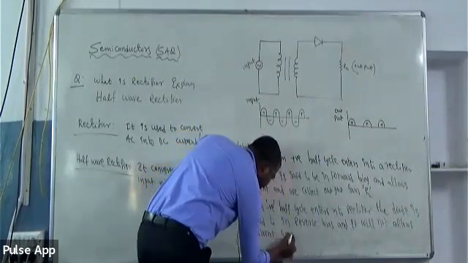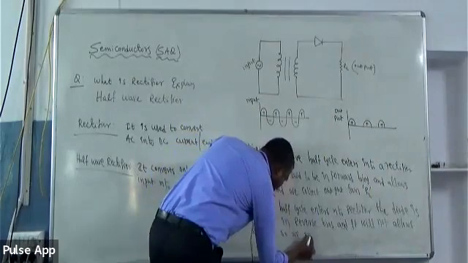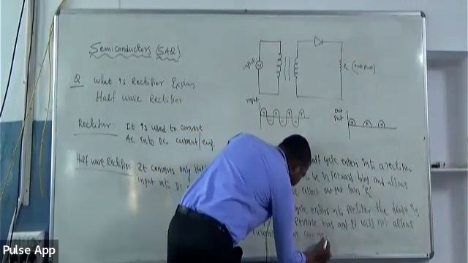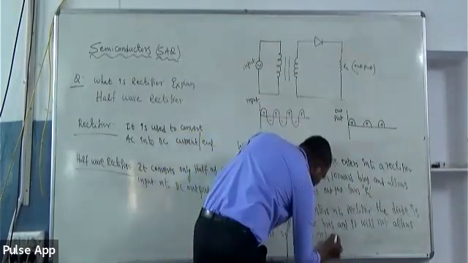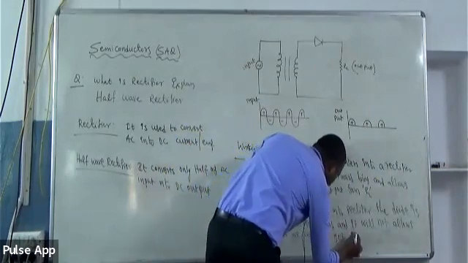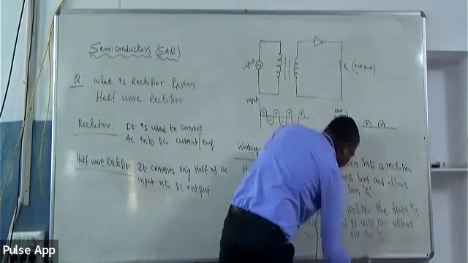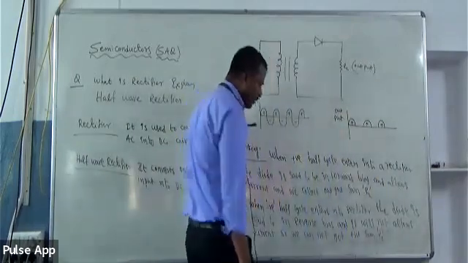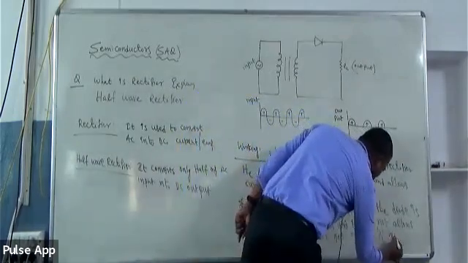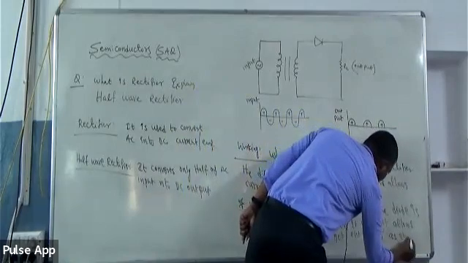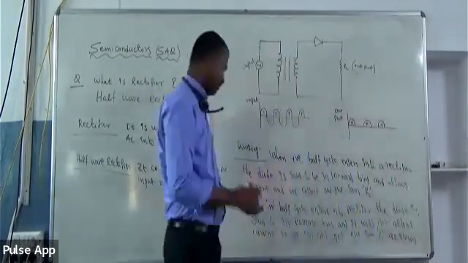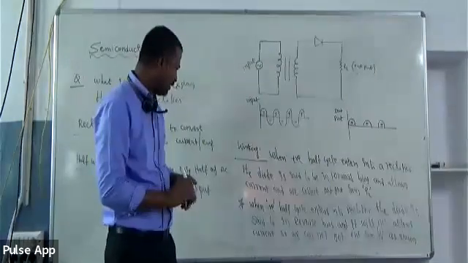So we cannot get output from RL, as shown. That's it. It's enough. Simple.